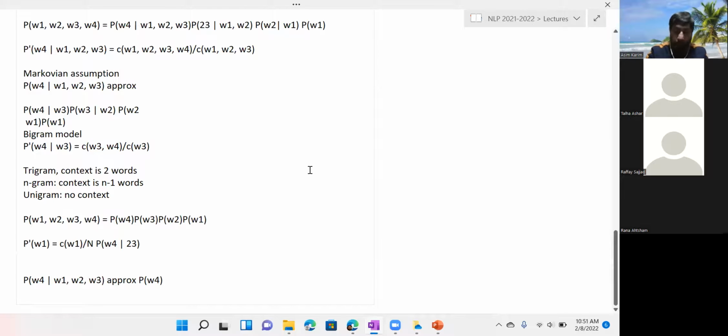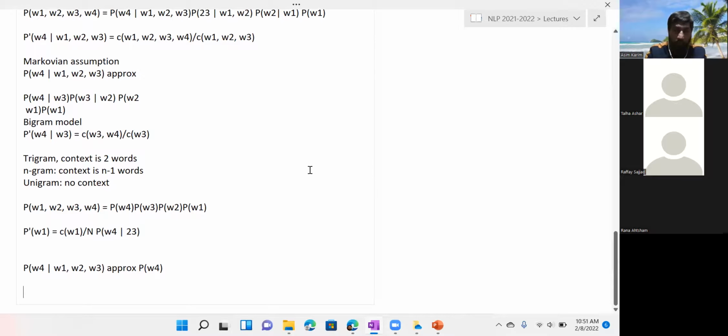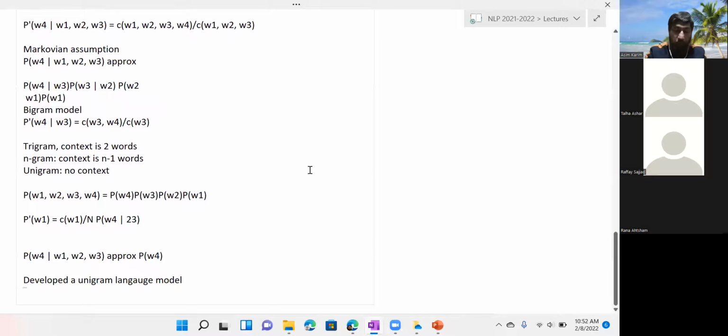All right. So we are talking about, let's say you have built a language model, or you can say developed a Unigram language model. Then you have estimates of probabilities for all single words. Probability of I, let's say, probability of the, probability of and, probability of Asim, probability of Lahore, and so on.